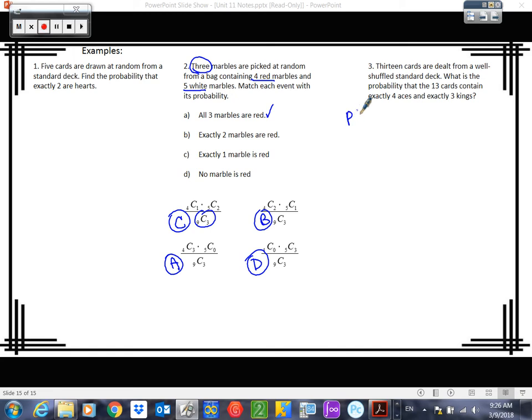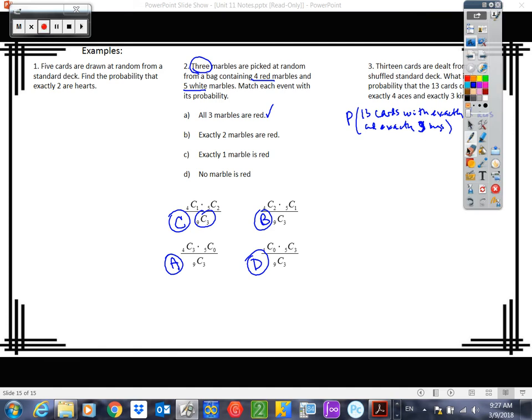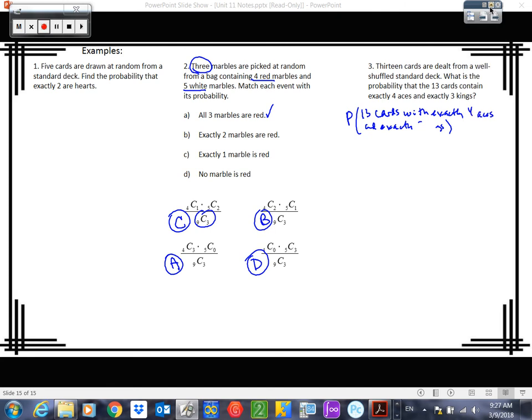So what we want is the probability of 13 cards with exactly 4 aces and exactly 3 kings. Okay, so that's what we're looking for.